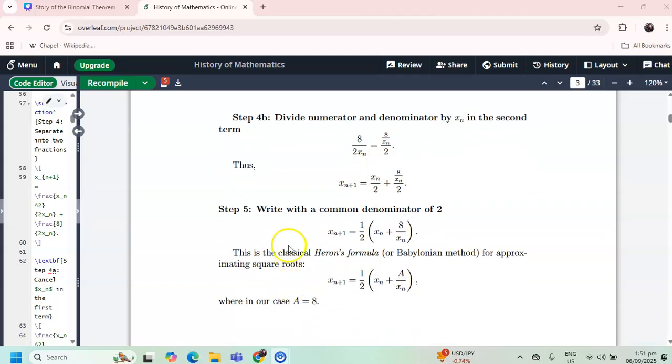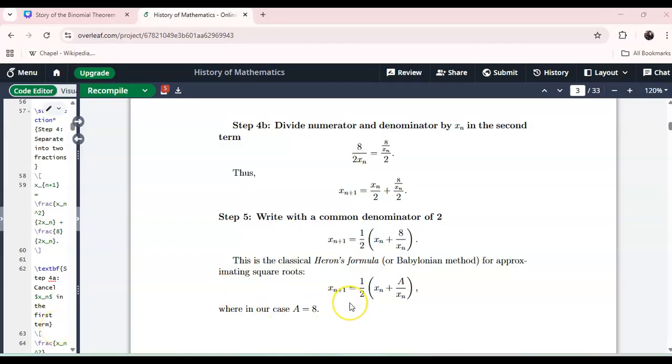Finally, we write with a common denominator of 2, so we have Heron's formula, wherein the new approximation is equal to 1/2 times x n plus 8 over x n. Since our area is 8, we have 8 here as the value.